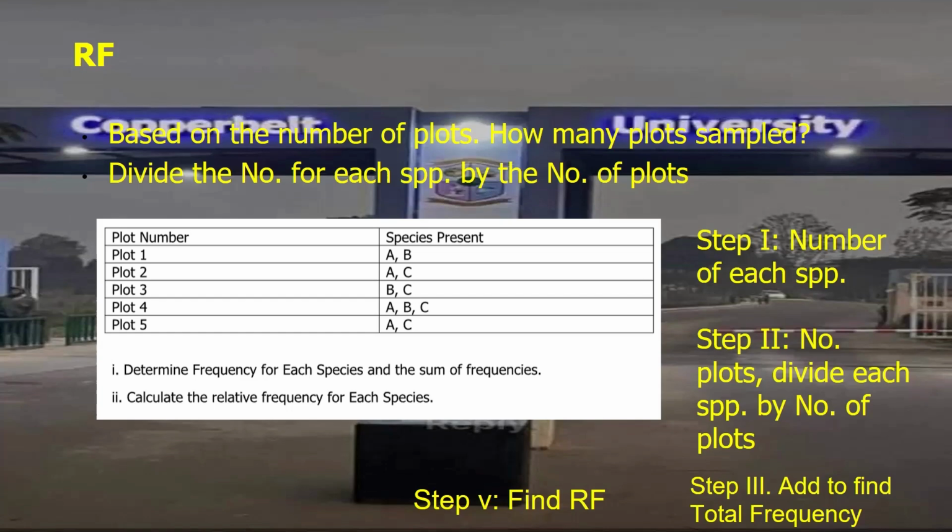What is the sum of the species? So we are saying what is the sum? We are basically adding the total number of individual species in this sampling site or across all the 5 different plots. So we add how many we are having in species A, species B, and species C. In other words, what is the population?